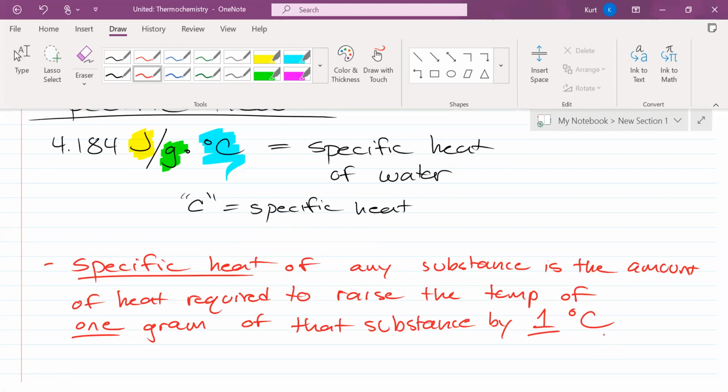So for water, it has a specific heat of 4.184 joules per gram per degree Celsius.